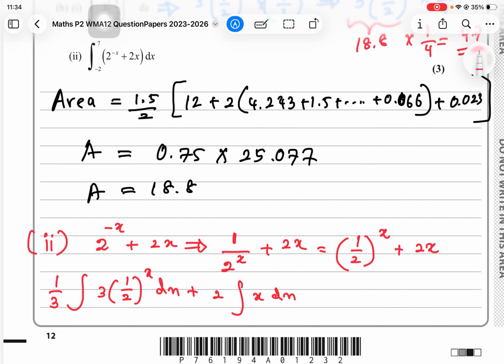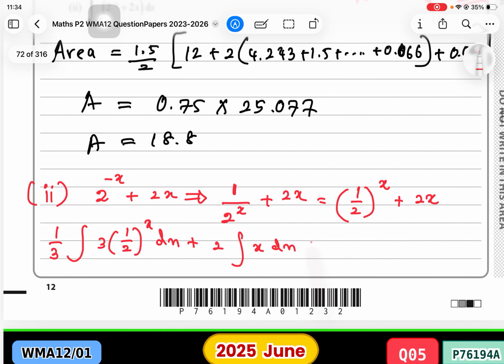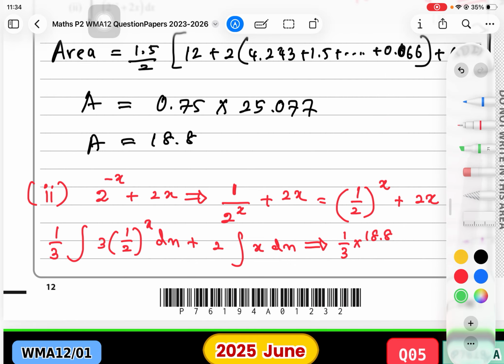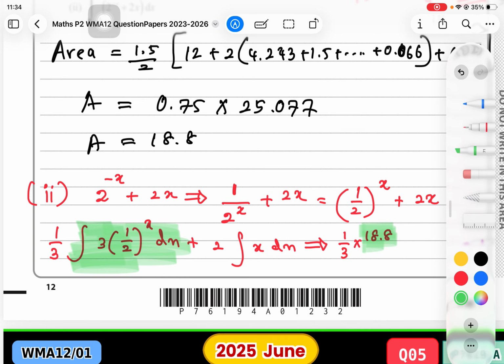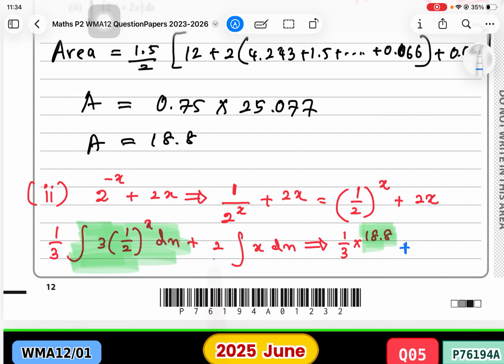We can write this one in that way. So what we have is 1 over 3 times 18.8, whatever is here will be this value, plus whatever we have here.